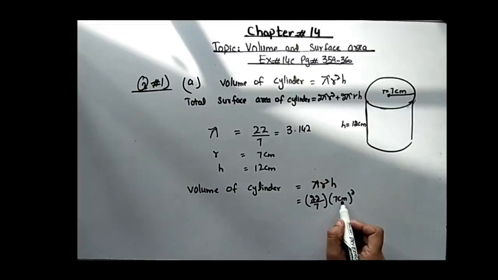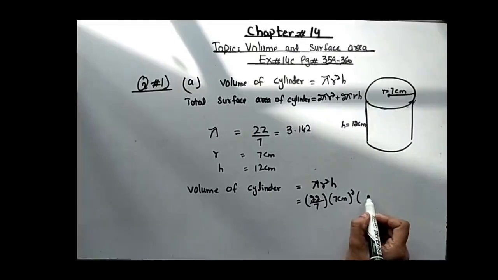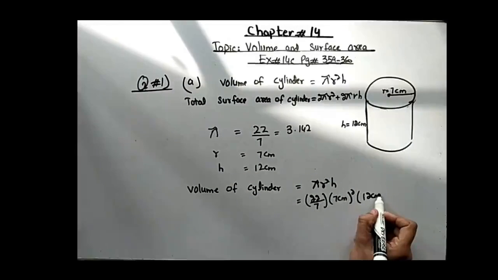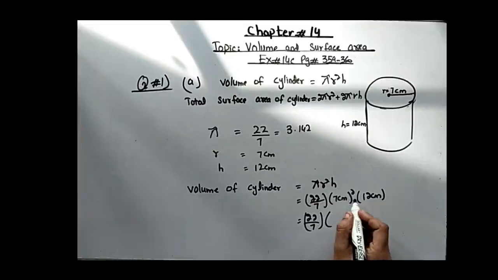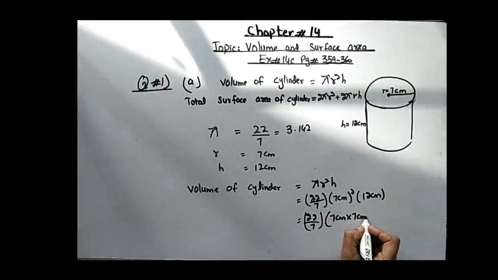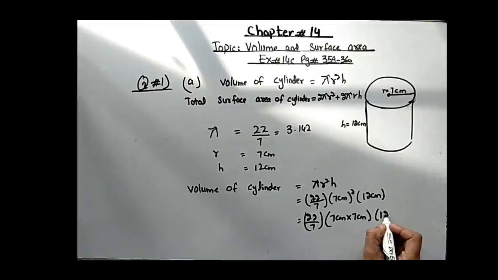R square means we will take the square of 7 centimeter, and then h is 12 centimeter. So 22 by 7 centimeter square means 7 centimeter will multiply how many times? 2 times. 12 centimeter. So multiply all these numbers.